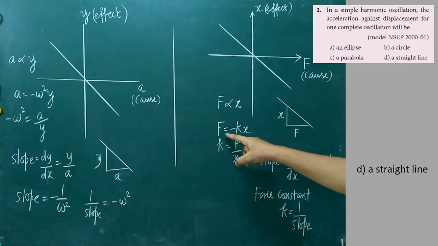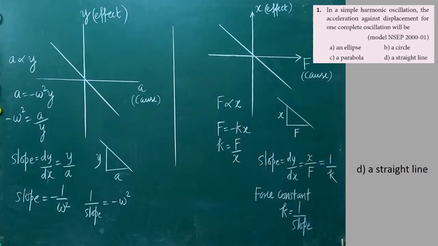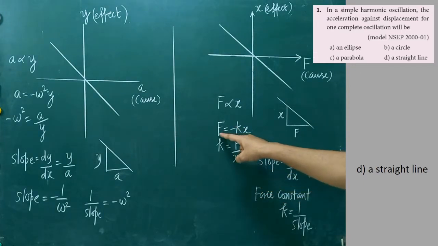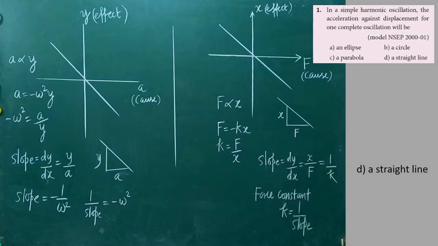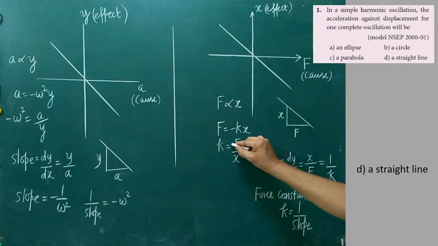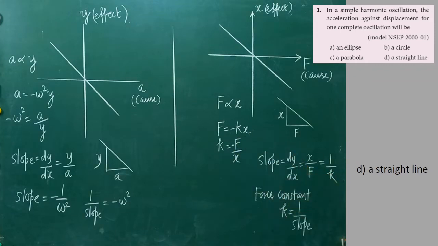These two can be equated by introducing a constant called what? Force constant K. So here the negative symbol shows that the restoring force acts in the opposite direction of displacement. So here K will be equal to which one? Minus F by x. Are you clear? So that K value must be written as negative.